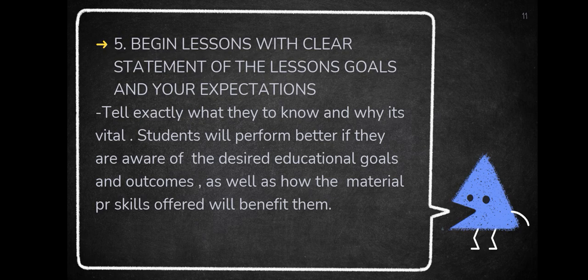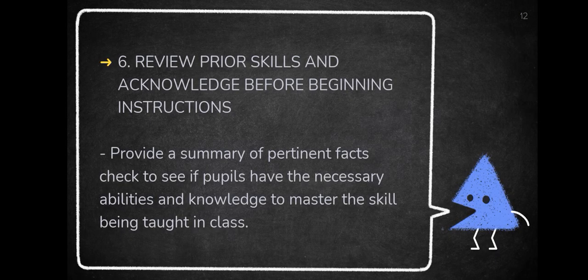So the sixth one is review prior skills and knowledge before beginning instruction. So provide a summary of pertinent facts. Check to see if pupils have the necessary abilities and knowledge to master the skill being taught in class.